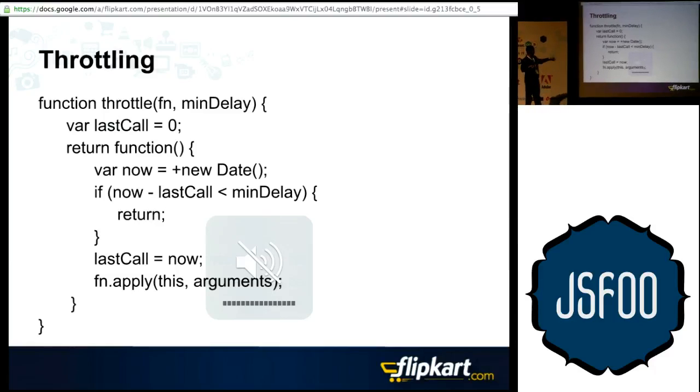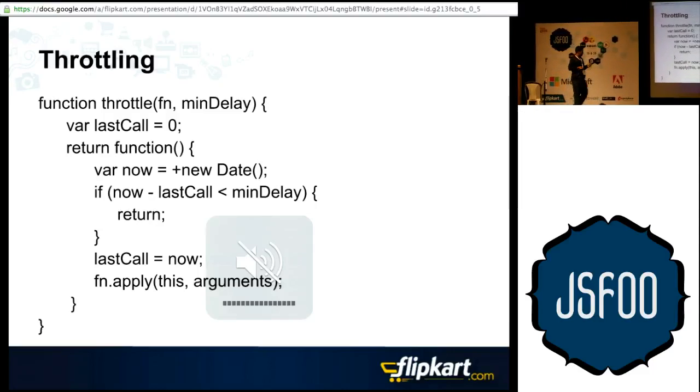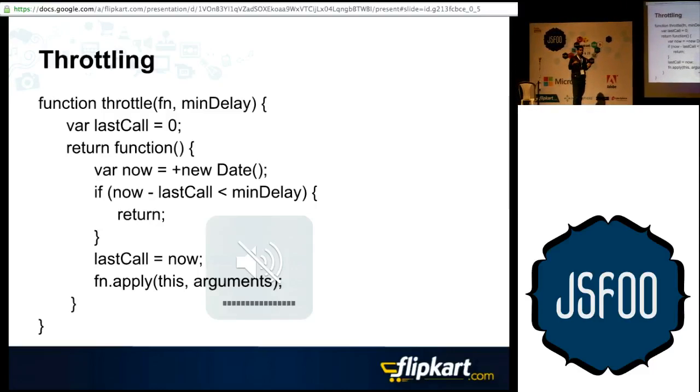This function returns a function which checks when the last call was made. If the last call was made within the last X milliseconds, it wouldn't execute, it just returns. Otherwise, it updates the last call and calls the function. So this is how we can avoid the jittery effect which can happen with continuous function calls.